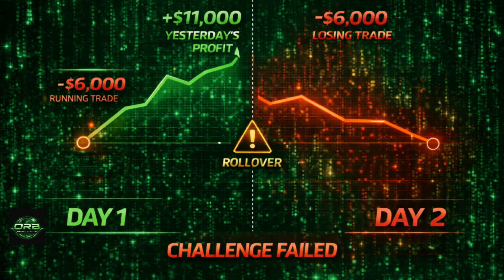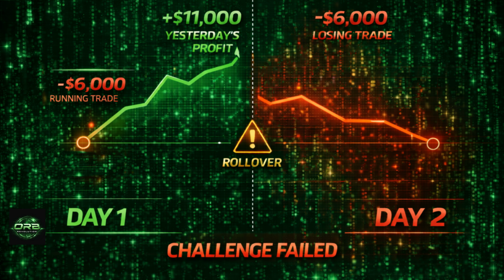Overall, during this day, you're still positive. You have plus 11, minus 6, you're plus 5, so there is no drawdown breach, and you should be good. However, once you're rolling over to the next day, those 11K are from the past day, from yesterday, and you start your day with just minus 6K.